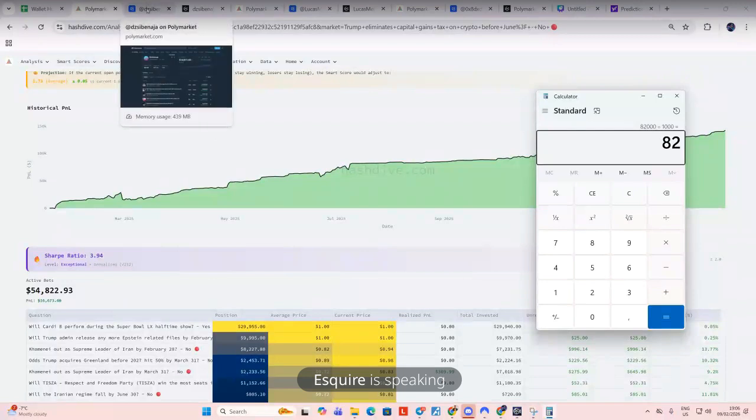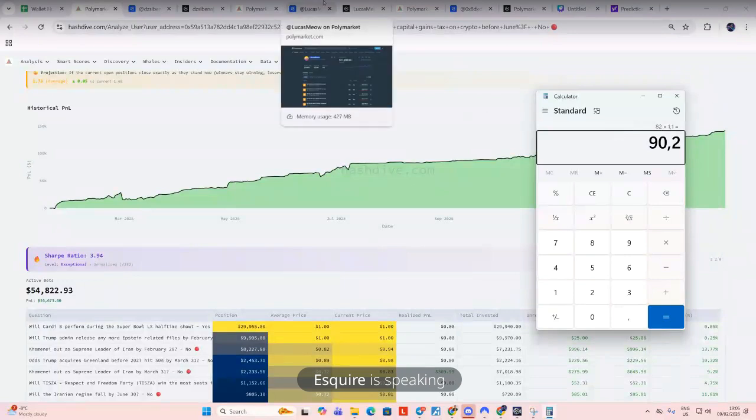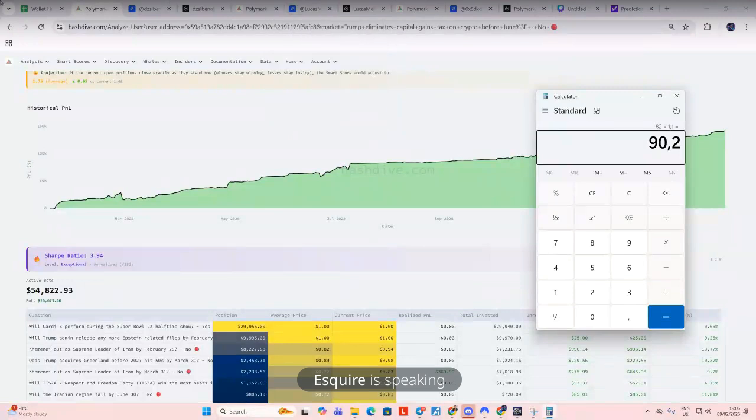So if you break that down, we know that we have a $1.10 minimum when it comes to purchasing through the Polymarket API. So I'm going to factor that in. I'm going to multiply this 82 by 1.1. So I've got $90.2. So at 1x, for every $90 that he purchases, I'm going to purchase $1.10, right?